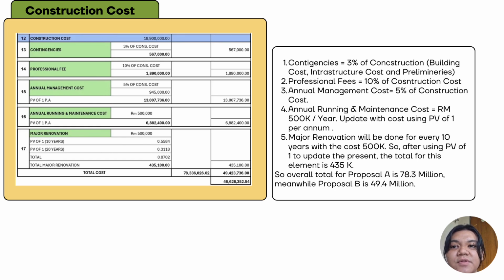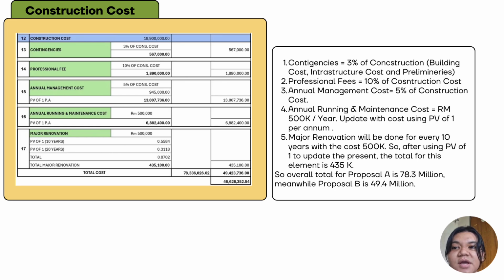After updating it with 3%, we get 567,000. The next one is the operational fee, which is 10% of the construction cost. After that we get 1.8 million.